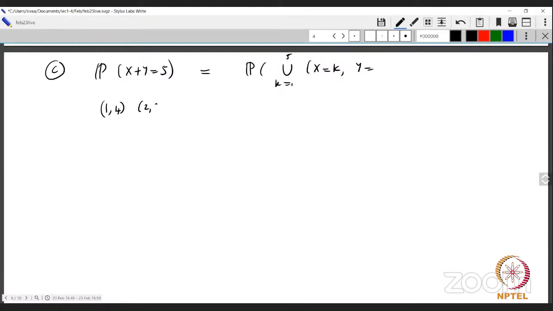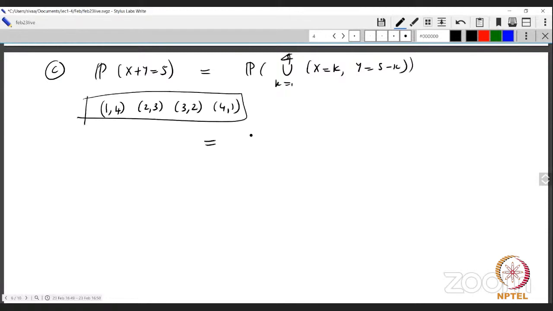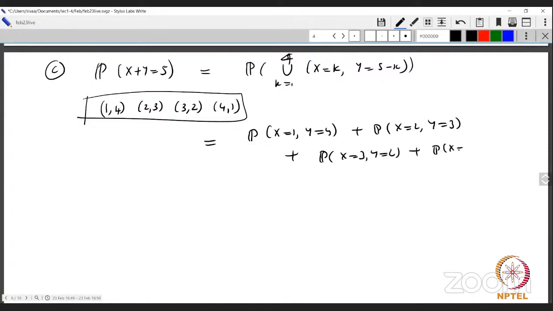So you can think of this this way or in this less fancy way: the probability X equal to 1, Y equal to 4, plus the probability X equal to 2, Y equal to 3, plus the probability X equal to 3, Y equal to 2, plus the probability X equal to 4 and Y equal to 1. Very nice.